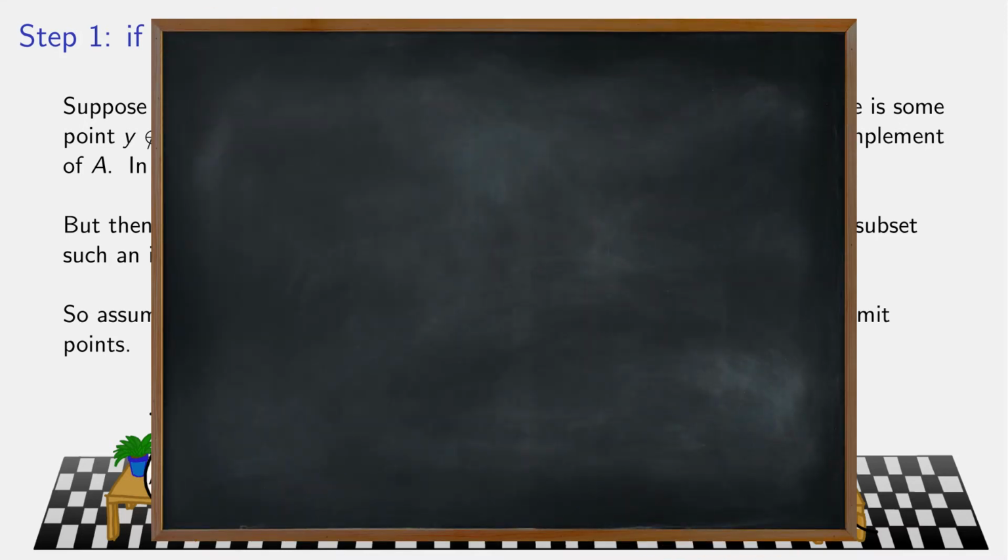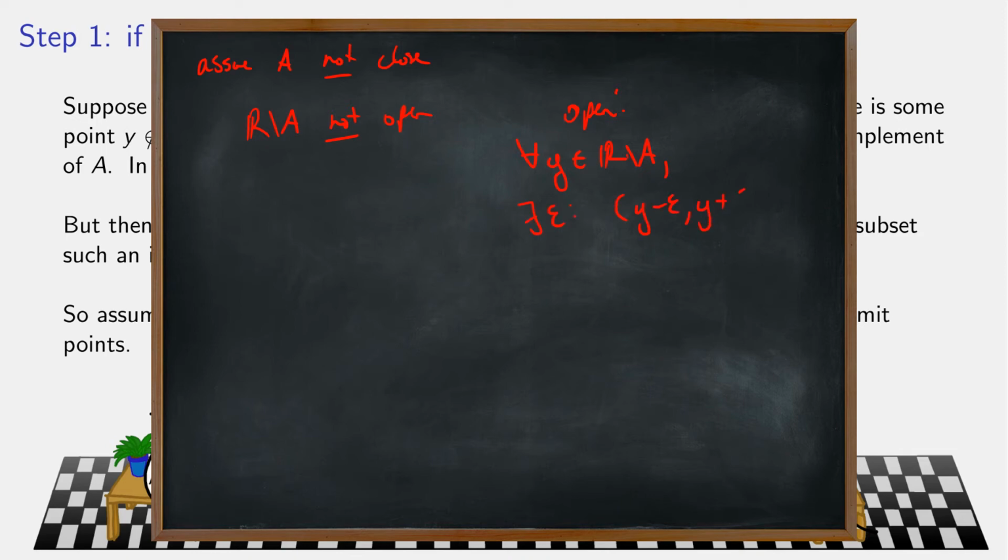So the pictorial version of what we just did. We assume A is not closed. In other words, the complement is not open. Okay, open would be: for any element in the set, there exists an epsilon so that this interval is a subset of that thing.